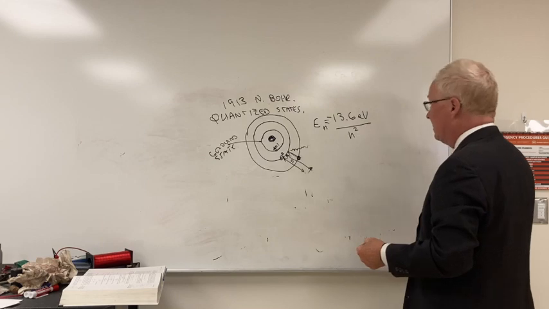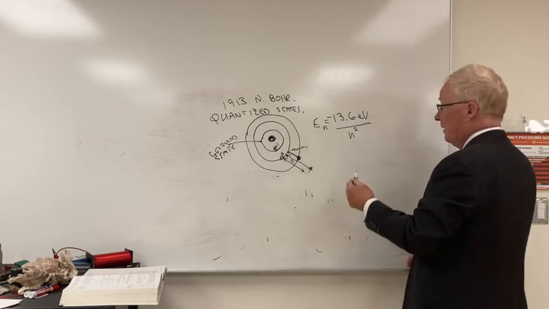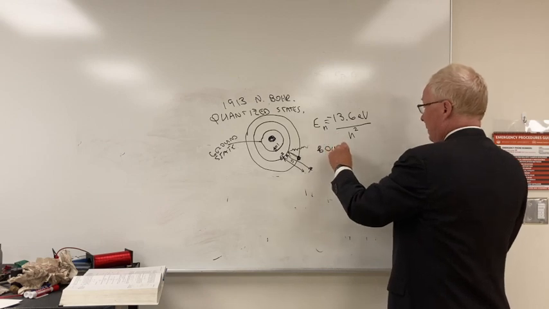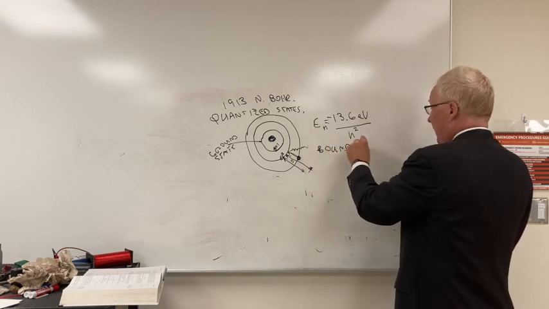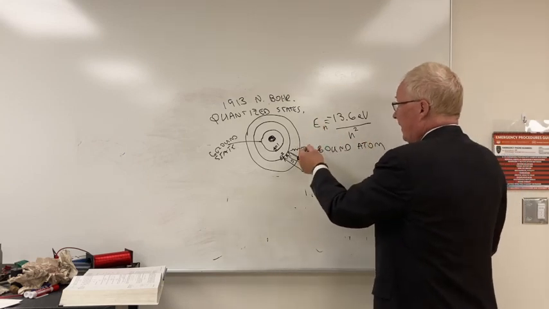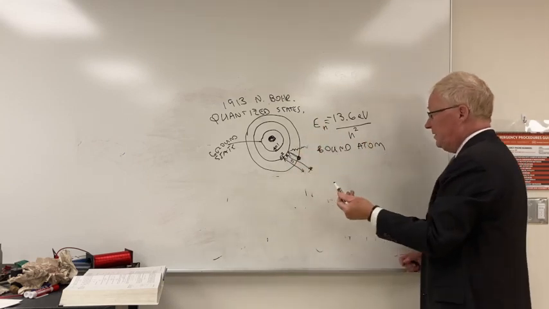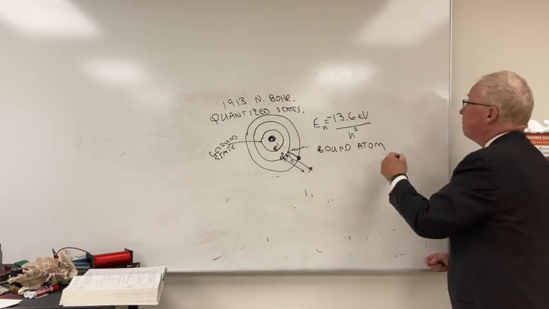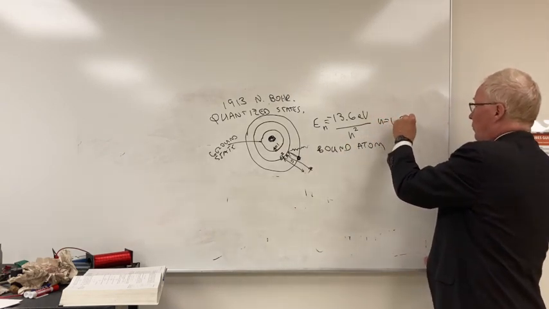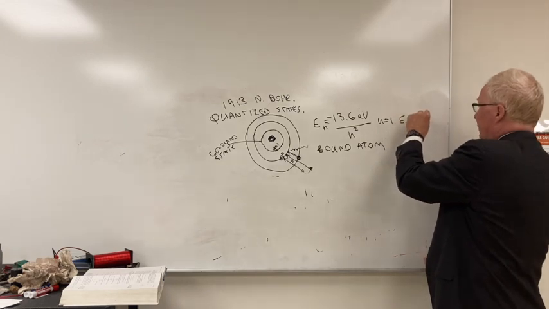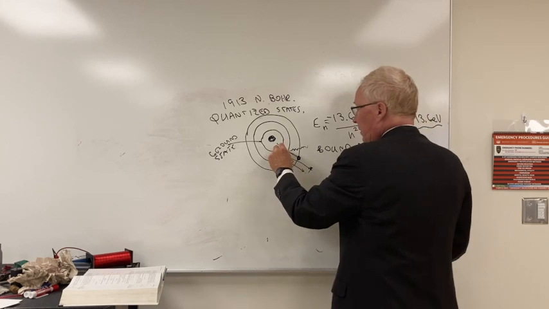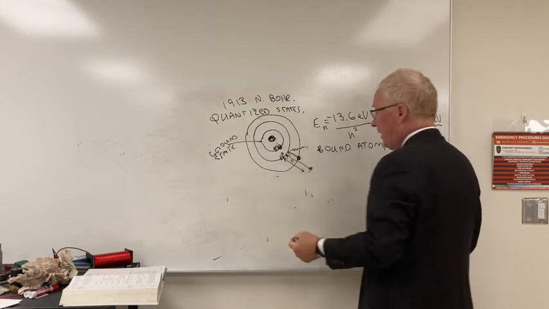What this means is that this is what we call a bound atom, because the energy is negative. So for n equals 1, E sub 1 is minus 13.6 electron volts.